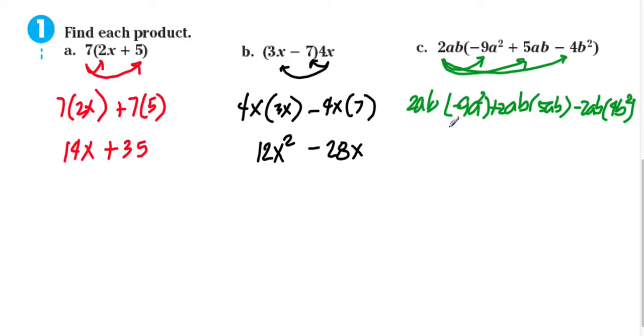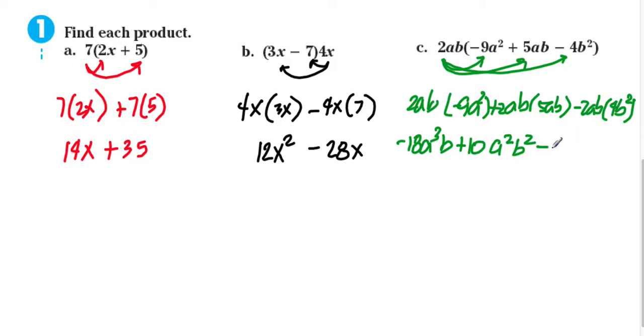2ab times negative 9a squared, from what we learned in terms of our rules of multiplication, powers of products, you have now negative 18a cubed b. Plus 2 times 5 is 10. a times a is a squared, and b times b is b squared.